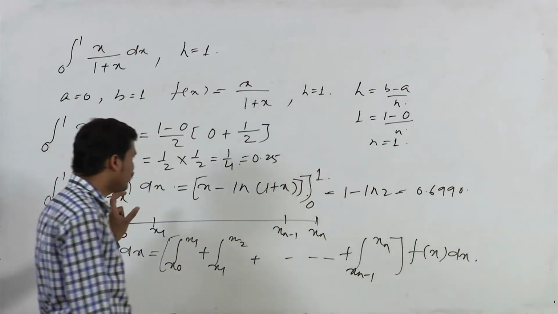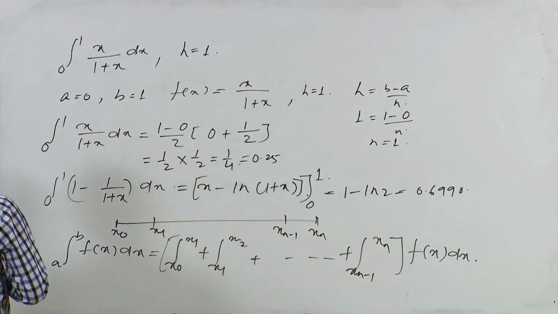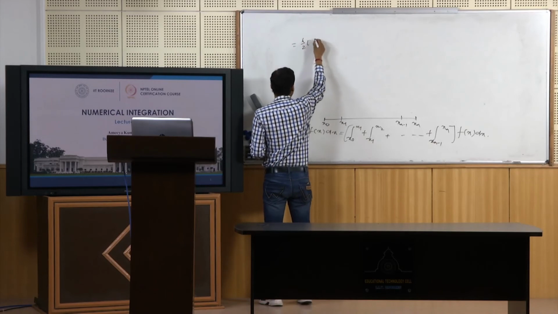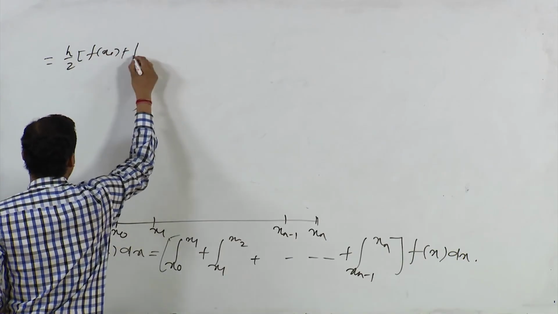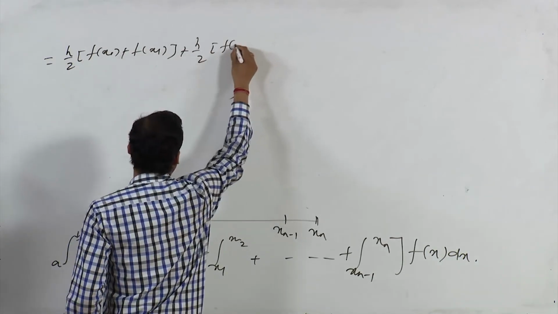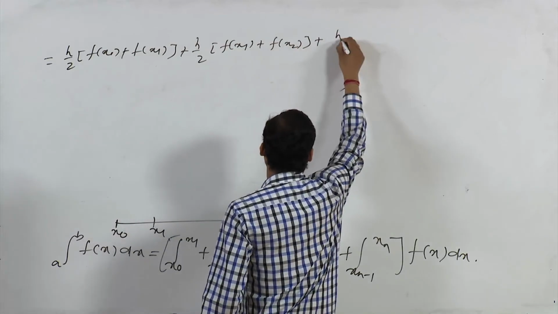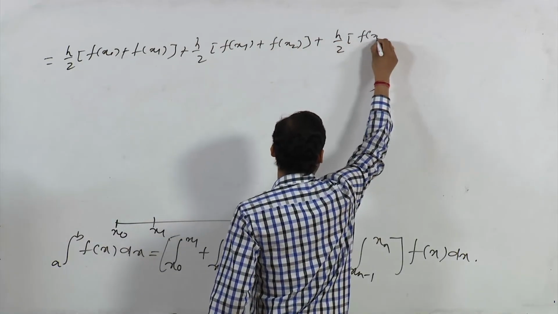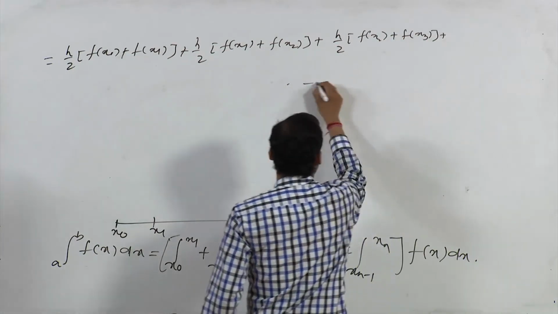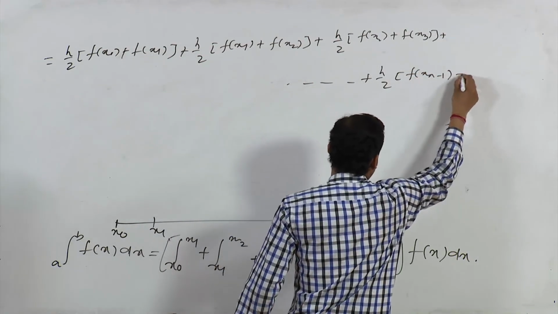And in each of the intervals, if you write this formula, then we can rewrite the formulation as follows. For the first interval, h by 2 times f of x0 plus f of x1. Second interval, h by 2 times f of x1 plus f of x2. Third interval, h by 2 times f of x2 plus f of x3, up to the last interval, f of xn minus 1 plus f of xn.